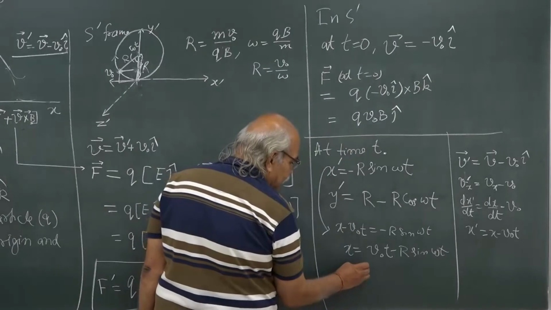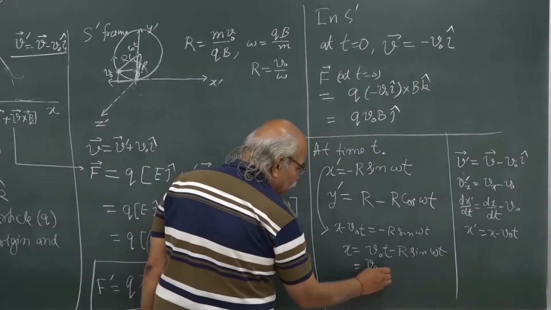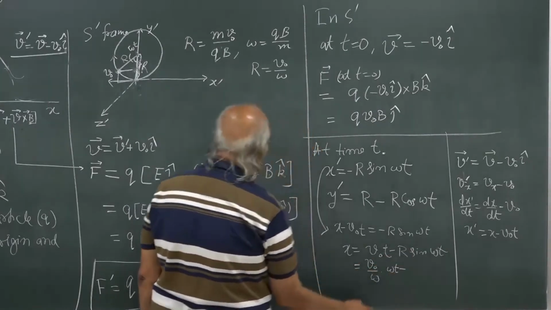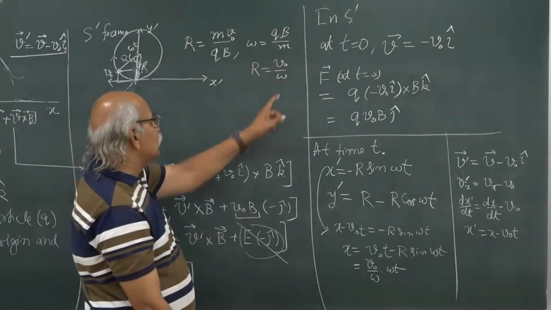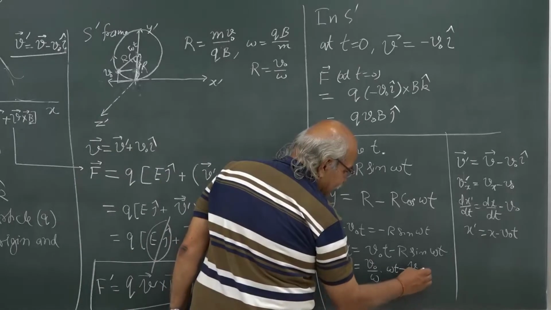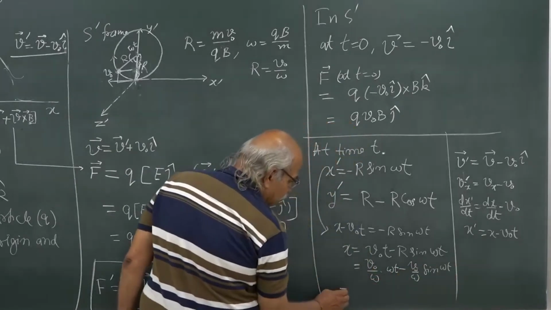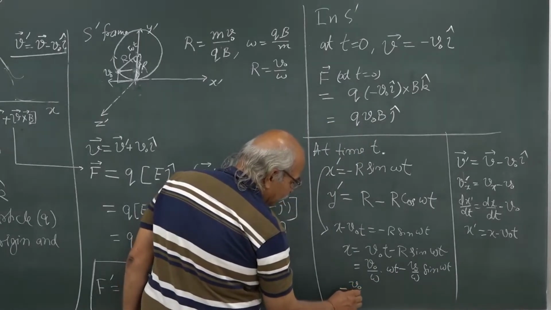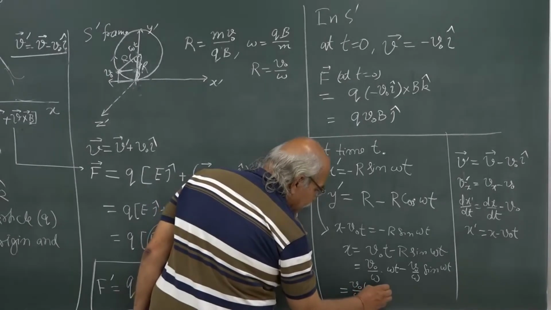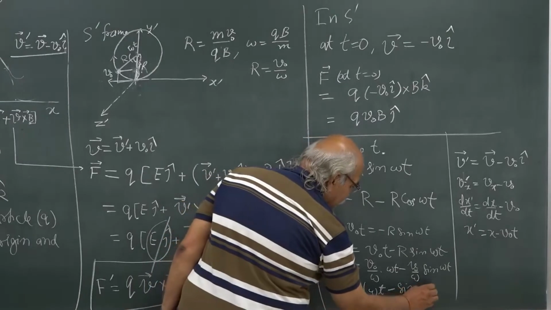You can further simplify it. We had seen r is V naught by omega, so we write V naught by omega times omega t, minus V naught by omega times sine of omega t. That is equal to V naught by omega times omega t minus sine omega t.